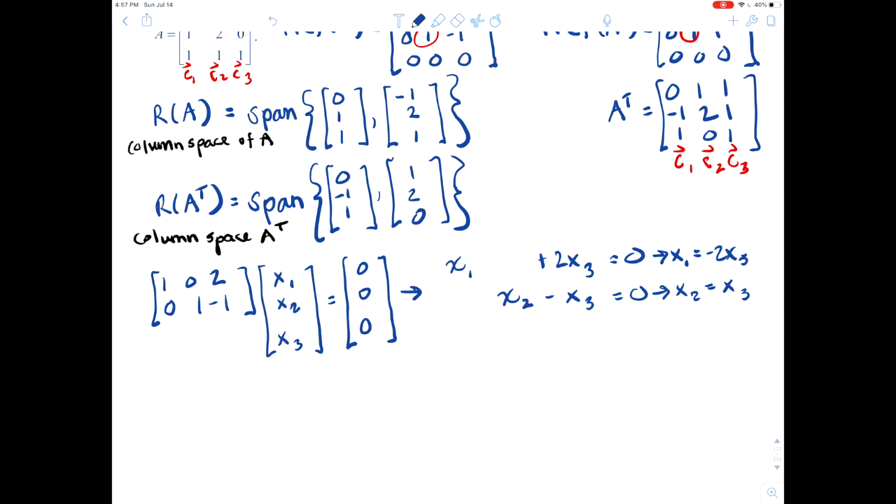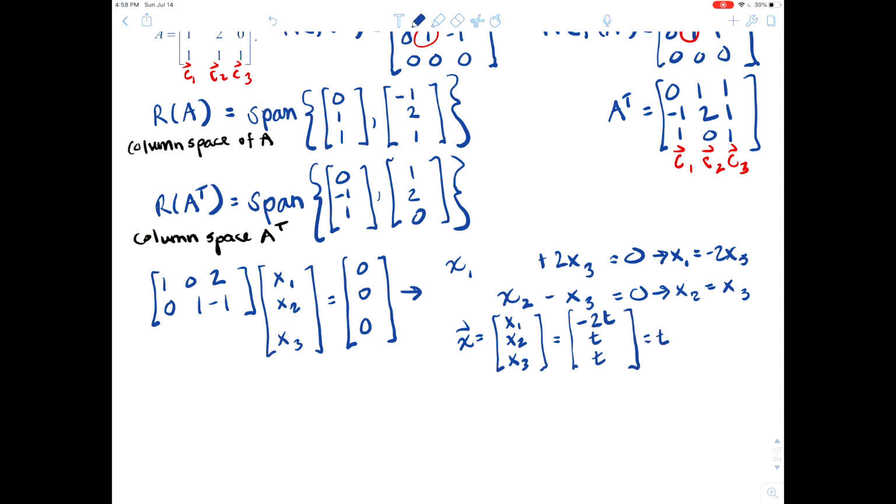So what we get for this one is x equals x1, x2, and x3. If I let x3 equal t, I'm finding a basis for x. So x1 is negative 2x3, that'd be negative 2t, and x2 equals x3, so we get t and then t.